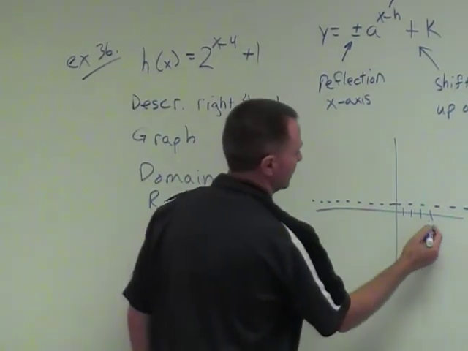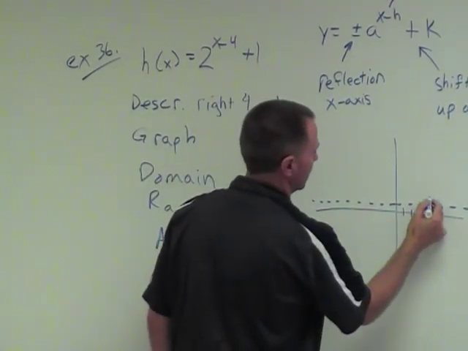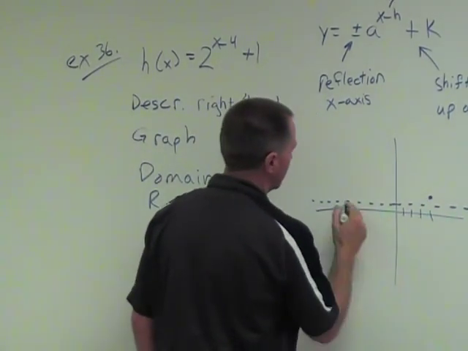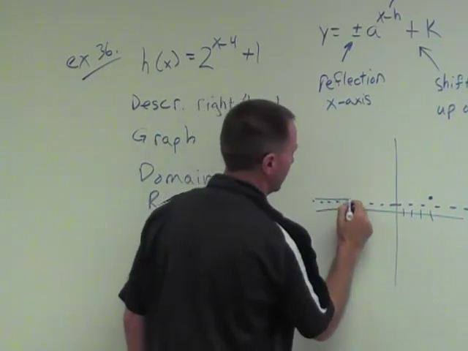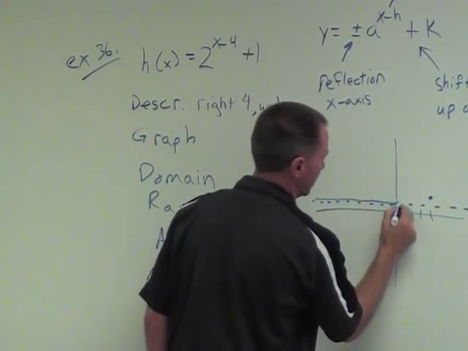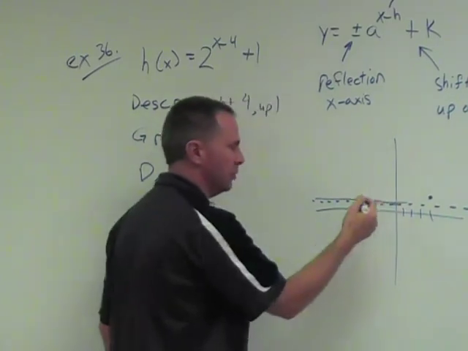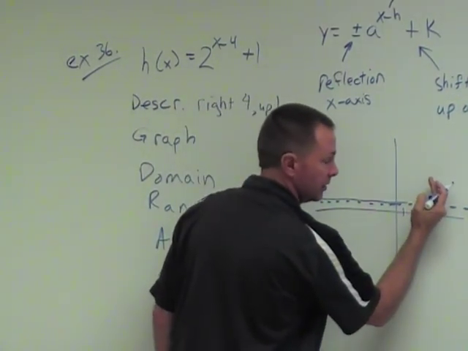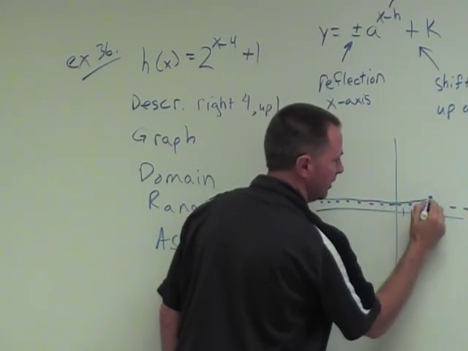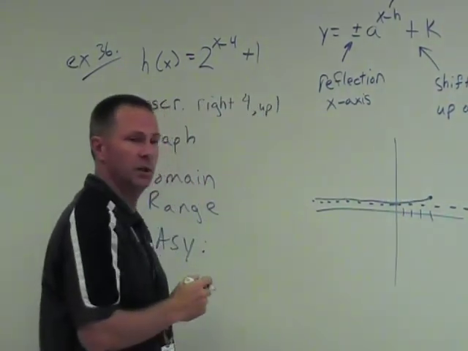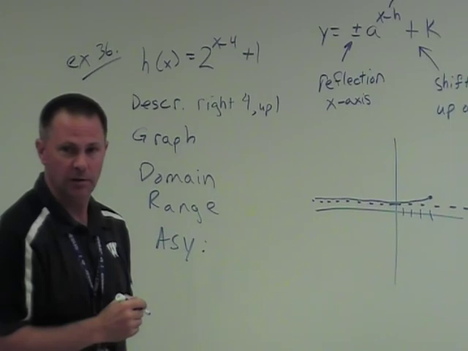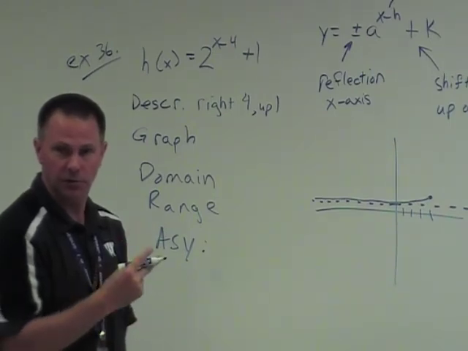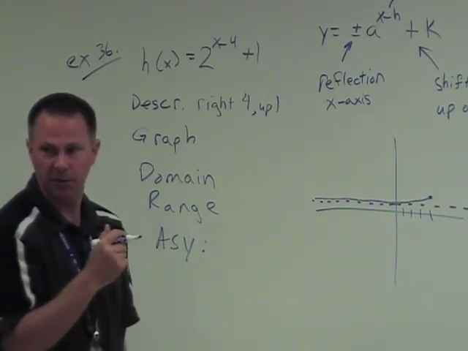And it shifts to the right 4 units. So you can't tell me the y-intercept because it doesn't go through what we would assume to be 1, because it's shifted over 4 units. But you should be able to tell me that point, which is what? 4, 2. 1 unit above the asymptote.